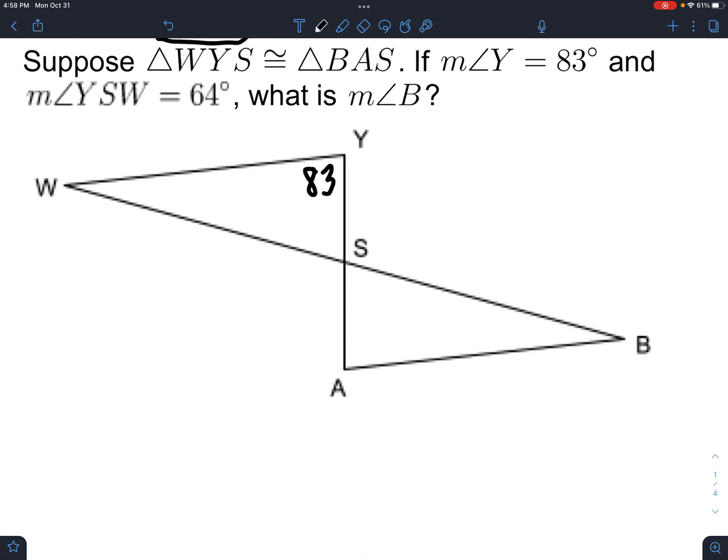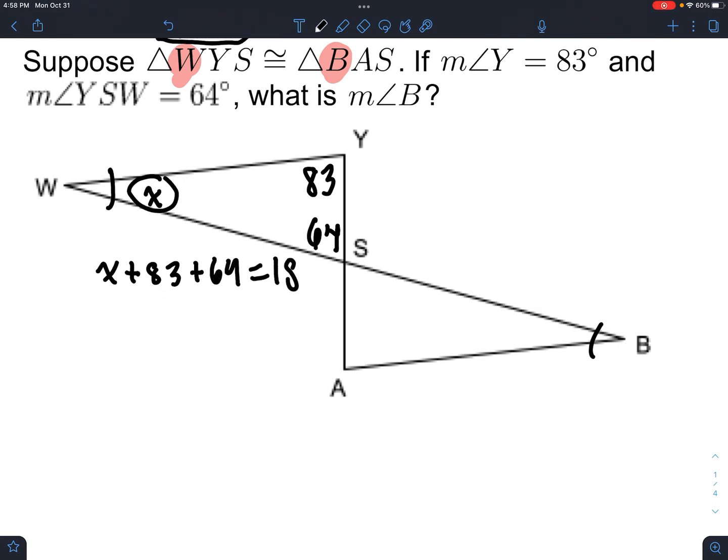So this says, suppose the triangles are congruent if this is 83 and WSY or YSW is 64. What is B? Well, we already know that W and B are equal. And we could find out what this angle is. Call it X. I know that if we add those three angles together, it's going to be 180.